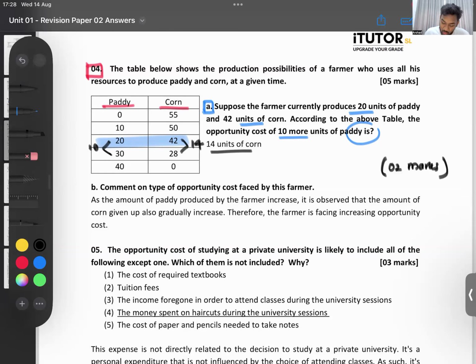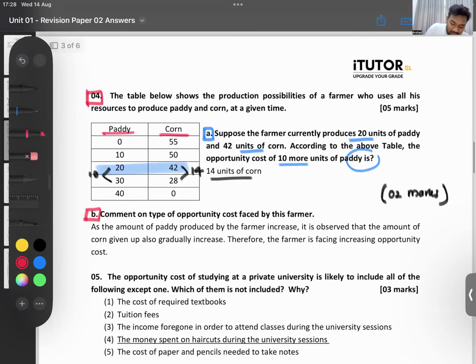Then, what about part B? Now, this part, I have not taught you all in detail. In this, why we don't use the formula is, now, what's the formula? The formula is for marginal opportunity cost. What is marginal opportunity cost? Here we say foregone number of units, or sacrifice number of units, divided by gain number of units. This is to find the opportunity cost of producing 1 extra unit.